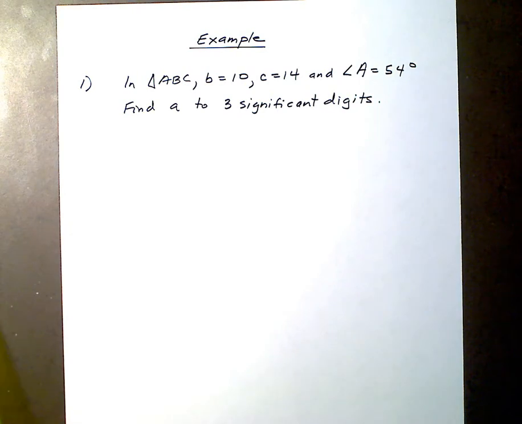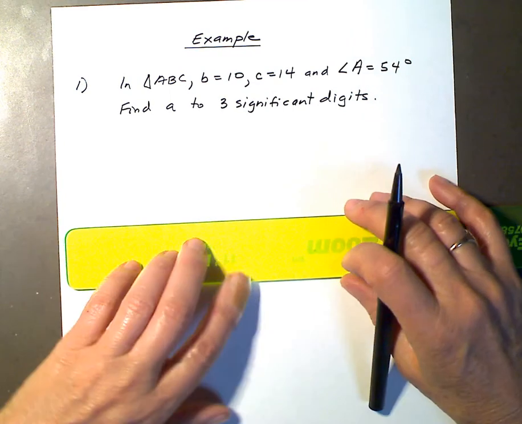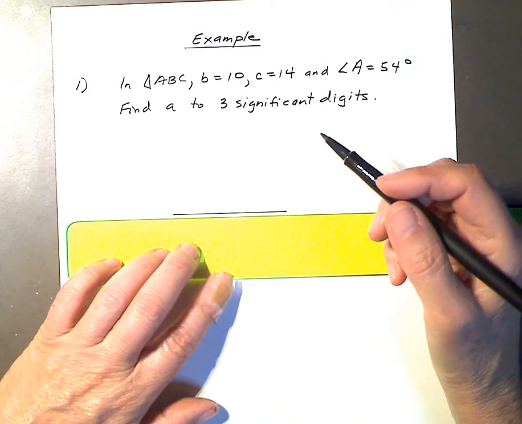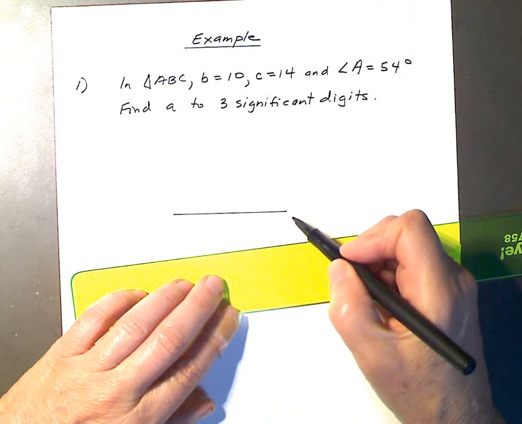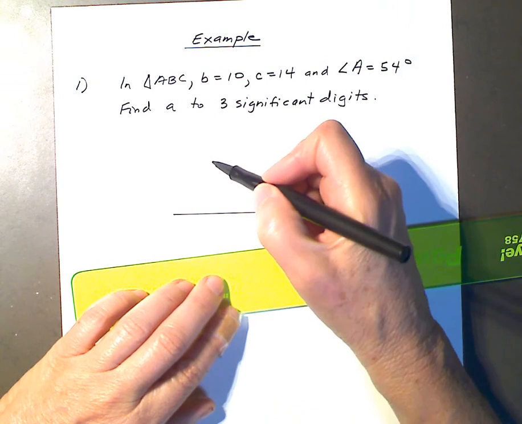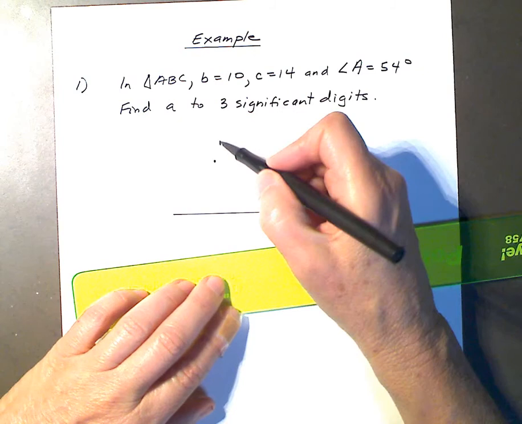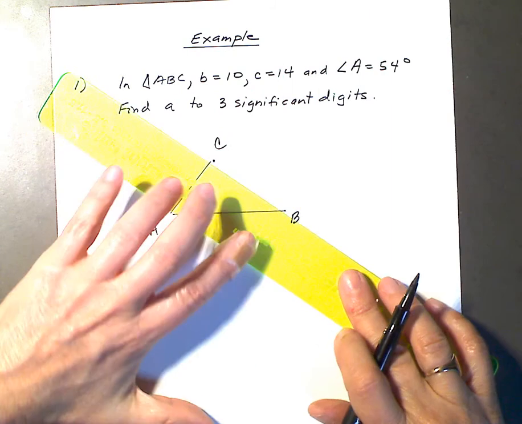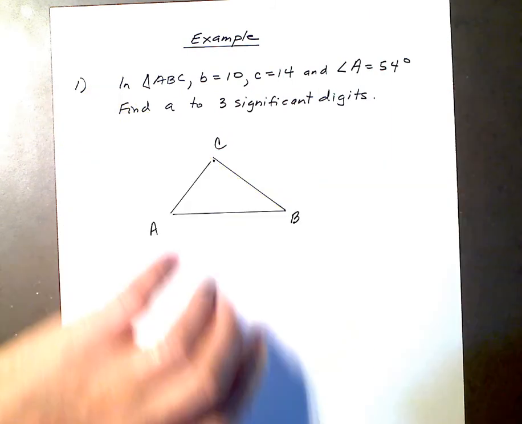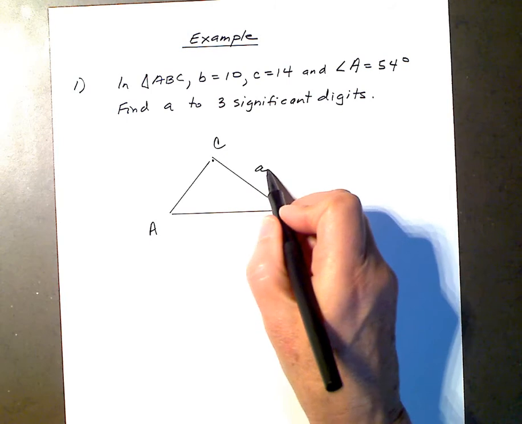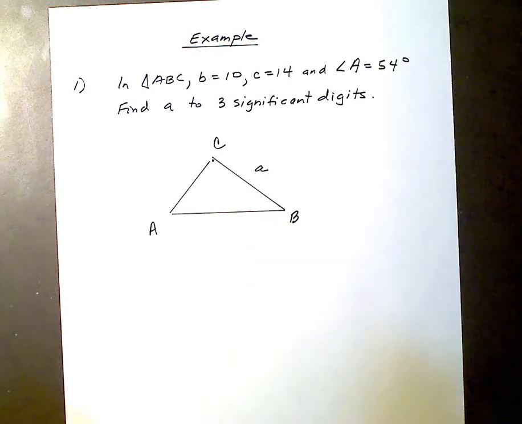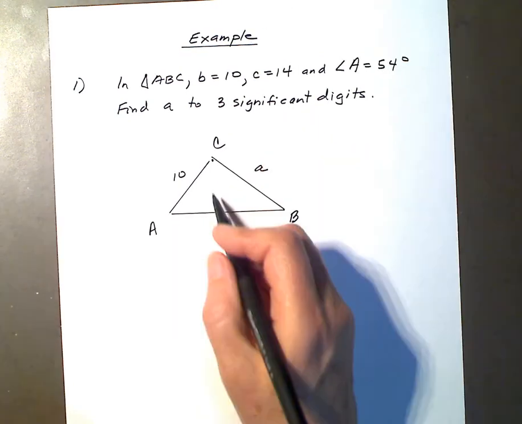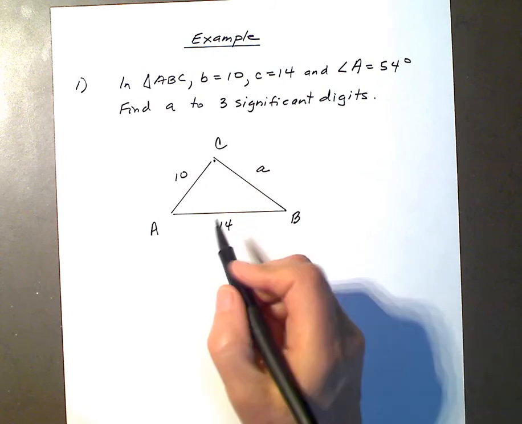So I'm going to label a triangle ABC where C is longer than B. I'm supposed to find side A, so that would be side little a right here. Side B is right here, so this is 10, and side C, opposite angle C, is 14. And then angle A measures 54 degrees.